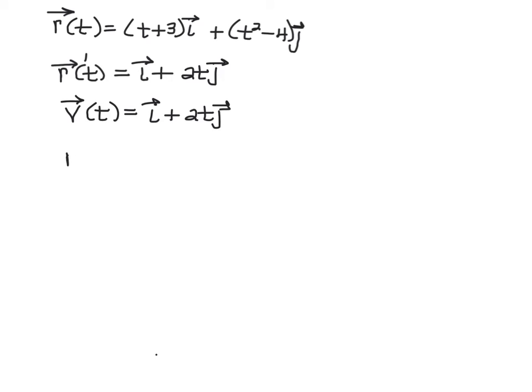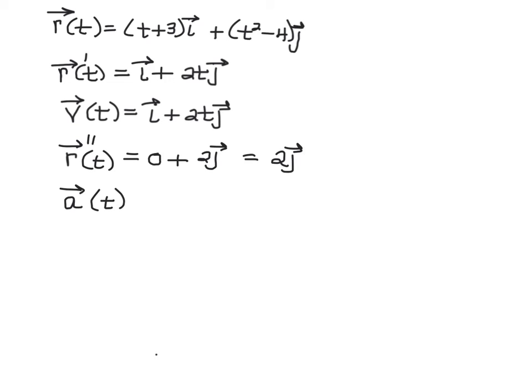Now if we want to find the second derivative of r with respect to time, well, the derivative of 1i is just 0, and then the derivative of 2t j is 2 in the j direction. So the second derivative has one component, 2j, and that's our acceleration vector. So we're accelerating 2 units in the j direction.